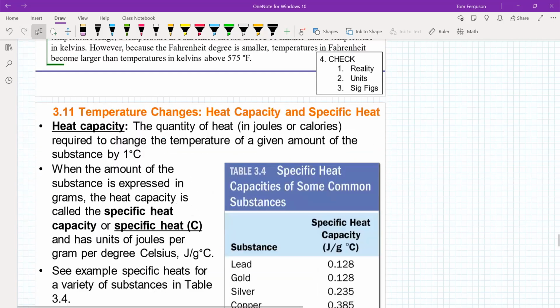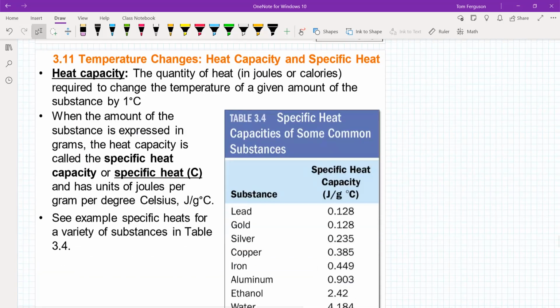Now this is something that's real important. It's called heat capacity. Notice the unit has joules, grams, and degrees Celsius in it. Basically, heat capacity is how much something retains heat.